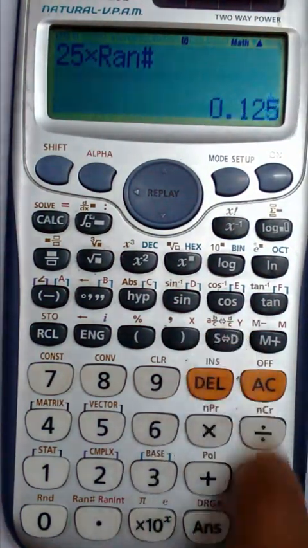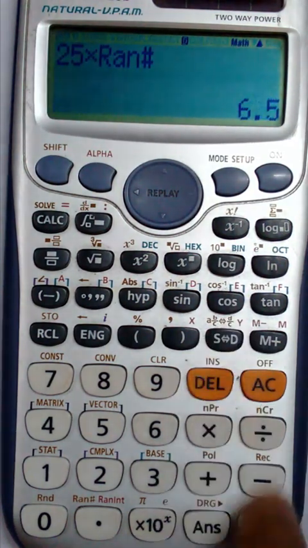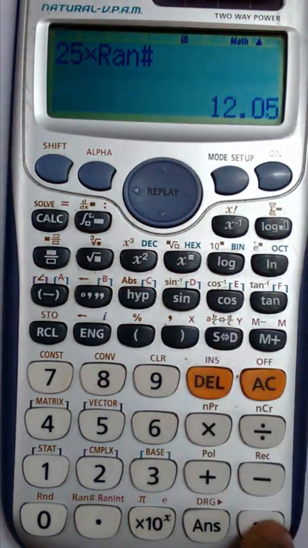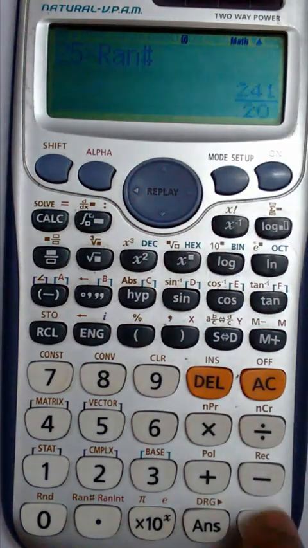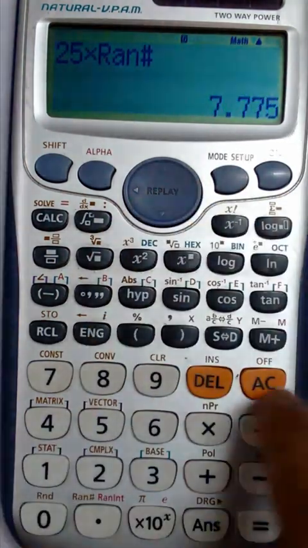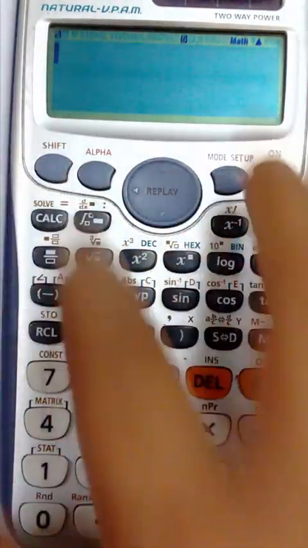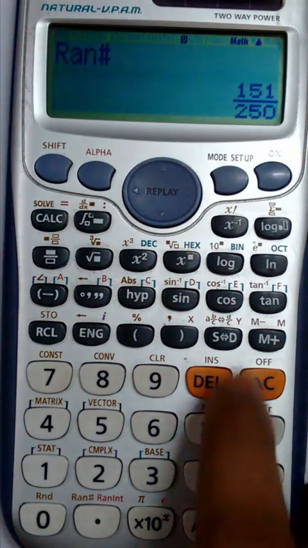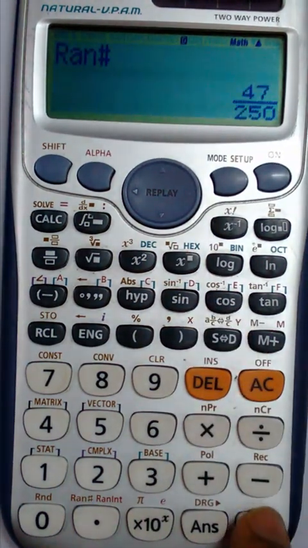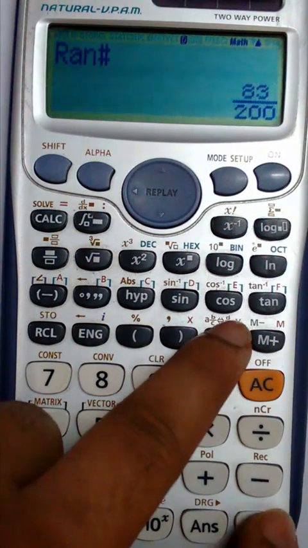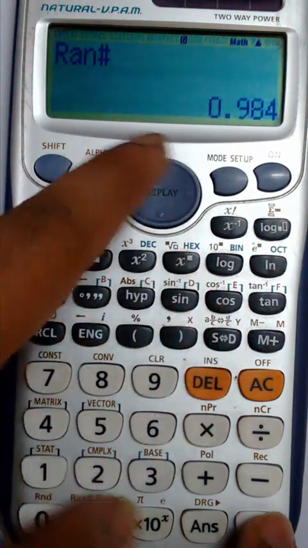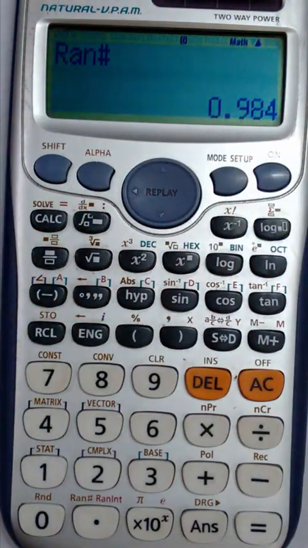Again 6.5, 12, 105, 41. If I directly use this, then I get a different result, 3 decimal values which are less than 1.